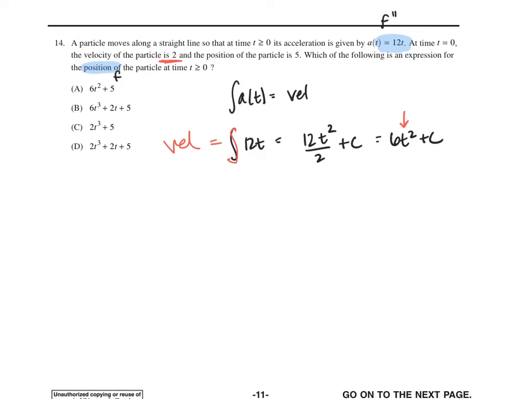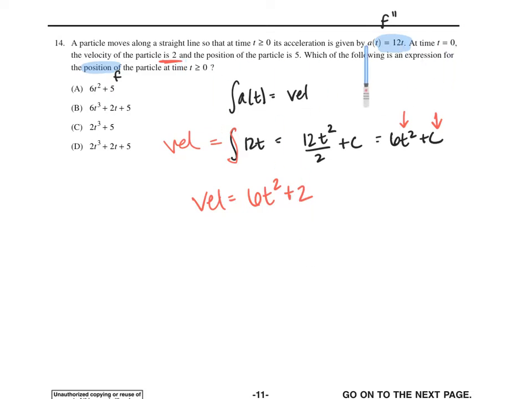So if t is 0, what does my constant have to be? It has to be 2. So do you agree that my velocity would be 6t squared plus 2? Because in this case, again, they said if t is 0, the velocity is 2. So I'm going to add that 2 as my constant.